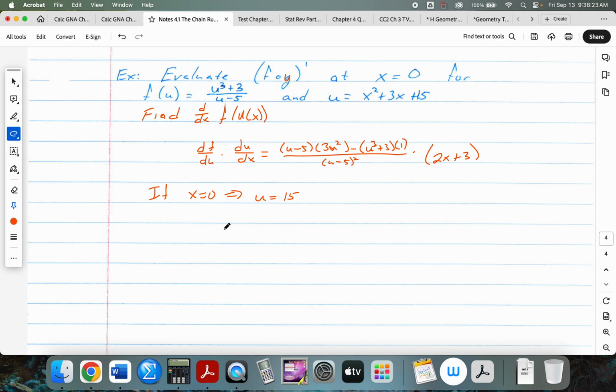So we're going to have f of u prime evaluated at x is equal to 0 is going to be equal to 15 minus 5 times 3 times 15 squared minus 15 cubed plus 3 all over 15 minus 5 squared, times, if x is 0, we're going to multiply that whole thing times 3.